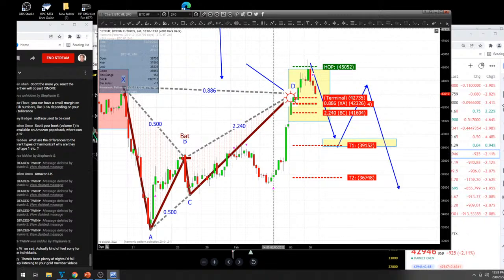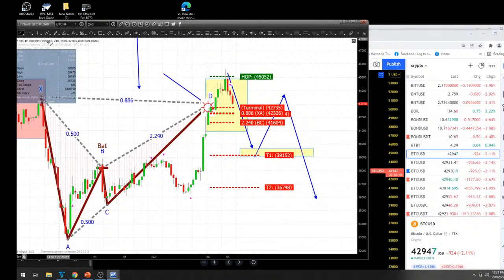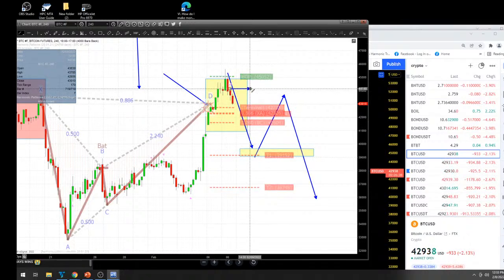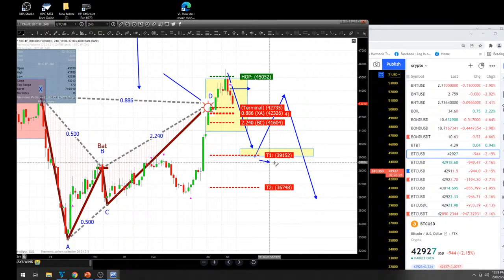With Bitcoin, I'm not too worried about it. Okay, look. Here's what we got. Bring it down into this type 1 reaction, folks. We have possibility. A little check back, maybe at 44,150. But look for that reaction, maybe by Thursday, down about 39,000. And then we will see. Is this going to be the continuation bat pattern back down?